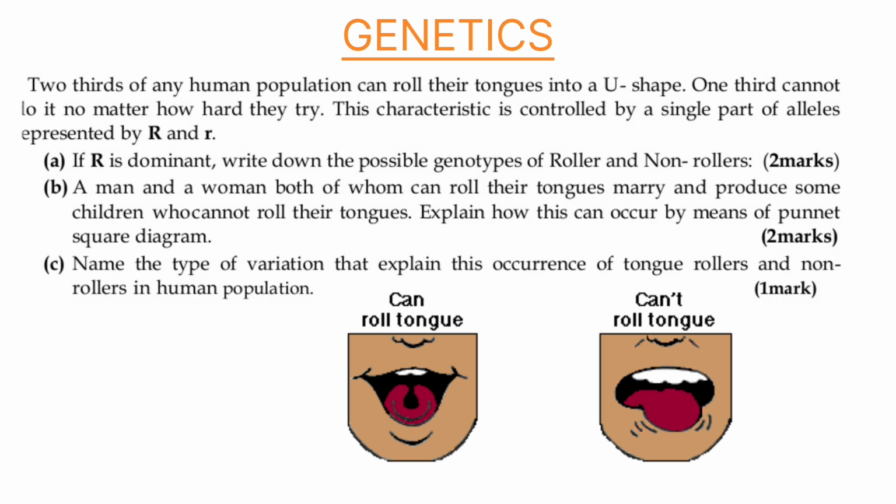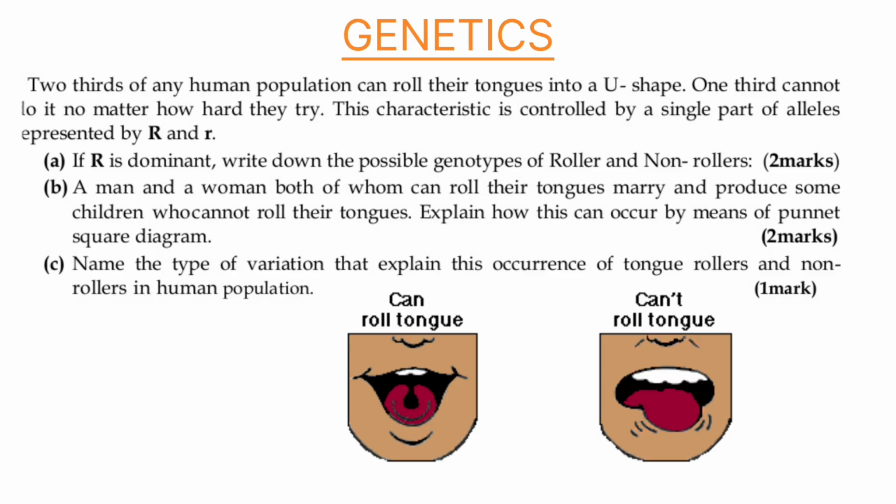Remember, an allele is simply an alternative form of a gene. Now, the dominant allele is the one responsible for tongue rolling. It's assigned a capital R. Remember, because it's a dominant gene. If an individual has at least one R in their genotype, they can roll their tongue.